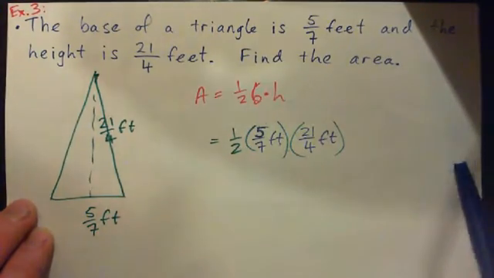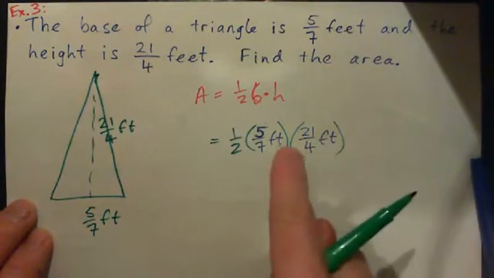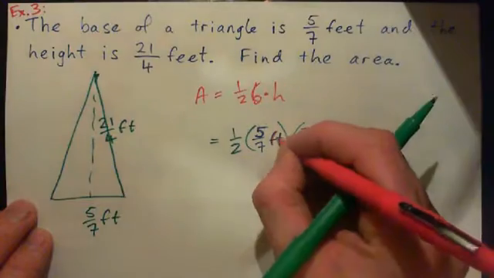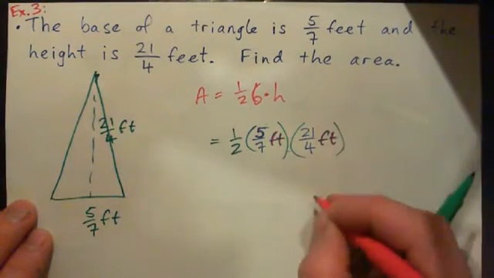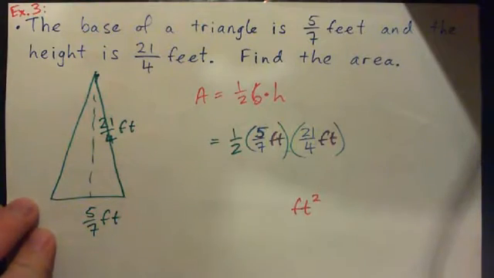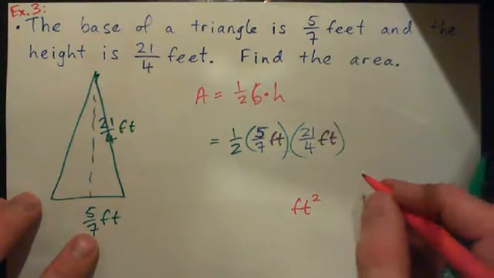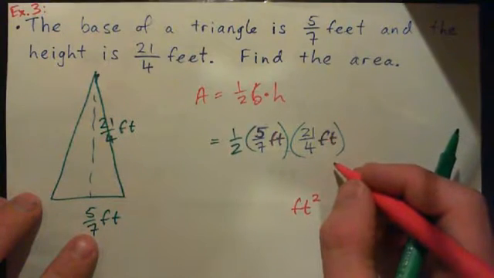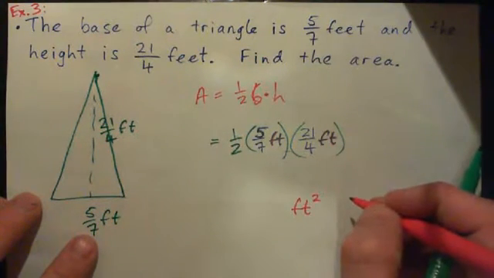Now, the feet part is easy. Foot times foot just gives feet squared, or square feet. Now you just deal with the numbers. Let's see. Anything cross cancel here? Can you see anything that cross cancels?